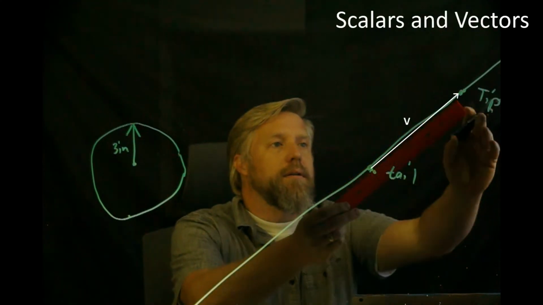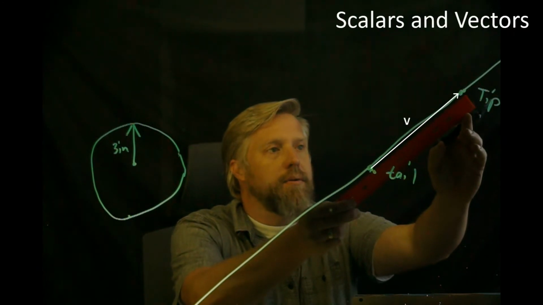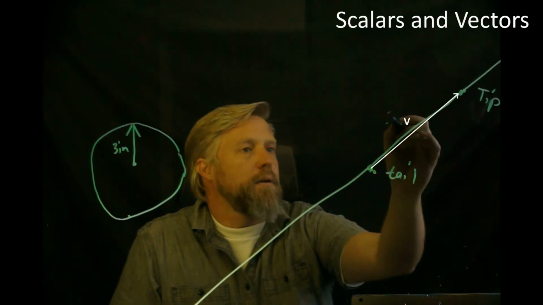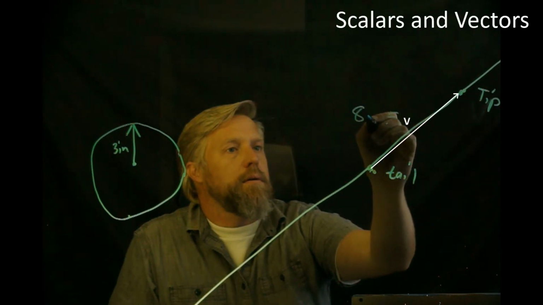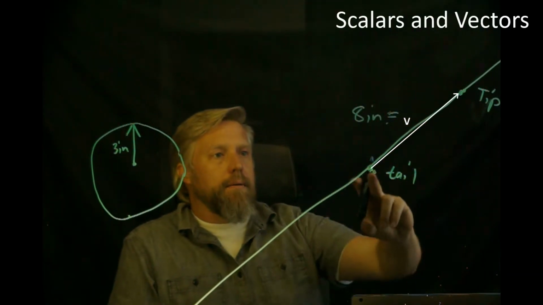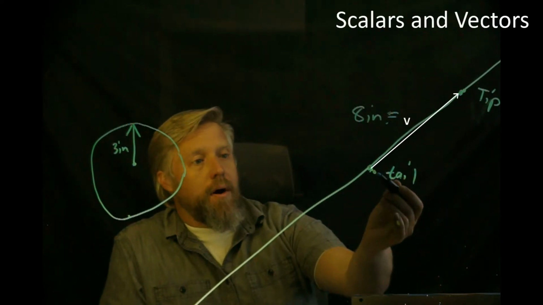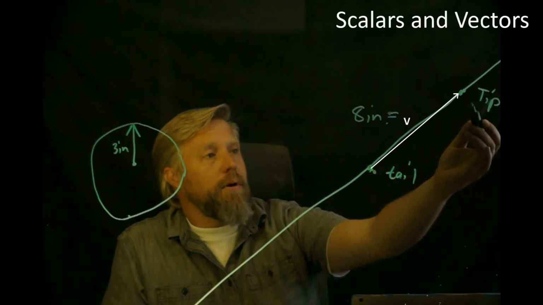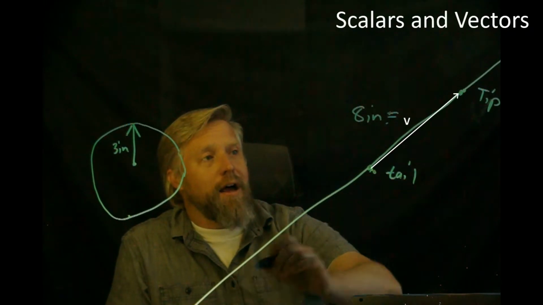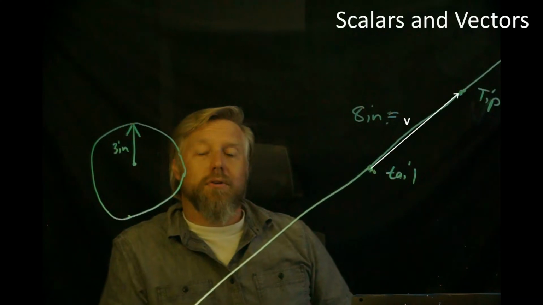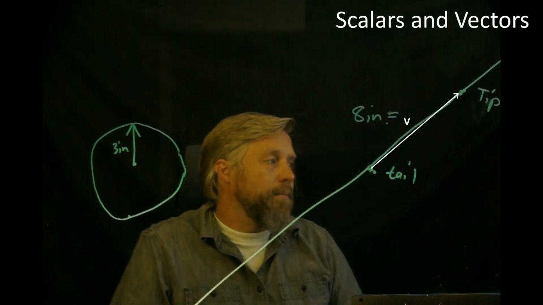In this case, it looks like about 8 inches. So the magnitude of v would be 8 inches. Okay, the length of your arrow is the magnitude. The part without an arrowhead's the tail, the part with an arrowhead's the tip, and the line of action is setting the direction of that arrow. So those are all terms that you need to get familiar with.